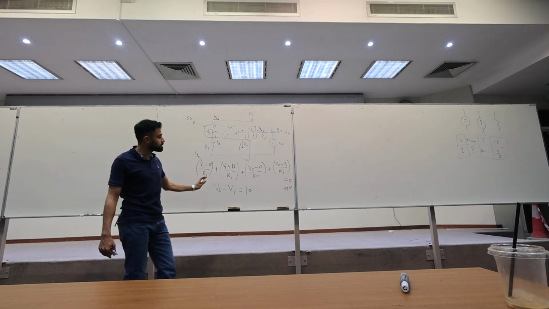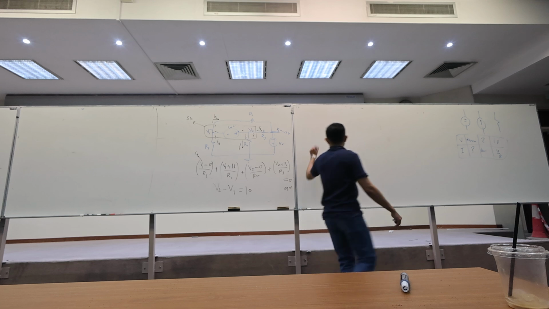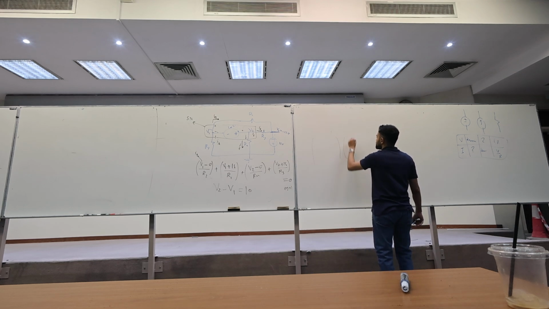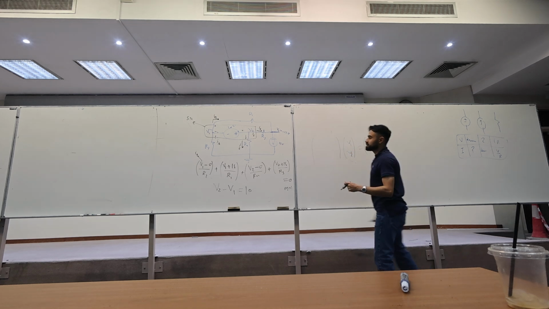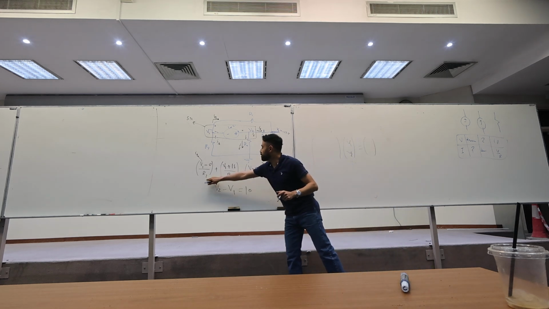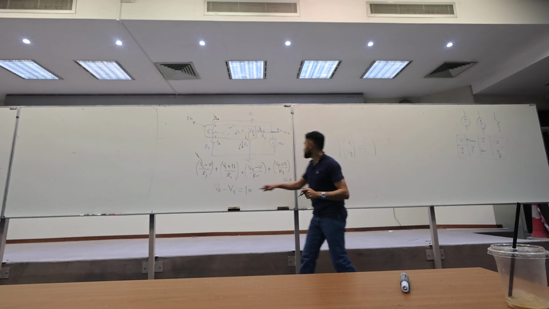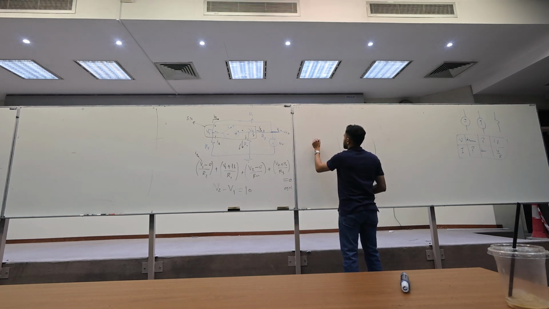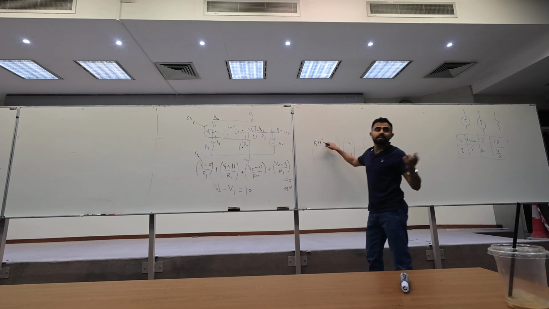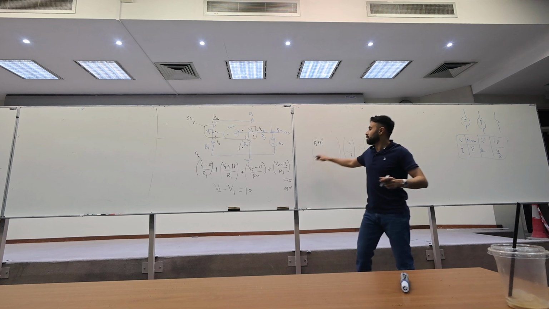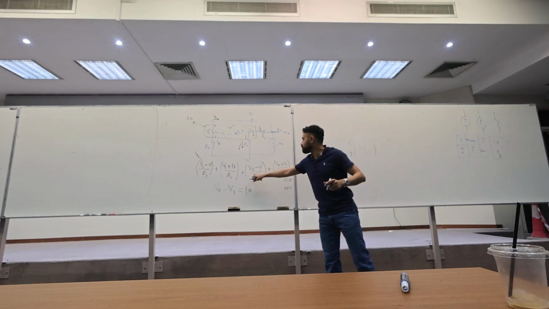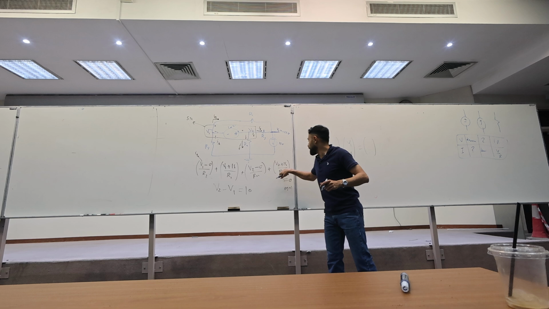You have to convert it into the standard form. What is the size of the matrices? 2 by 2, V1, V2. What are the coefficients? R2 inverse plus R1 inverse, and R4 inverse and R3 inverse.